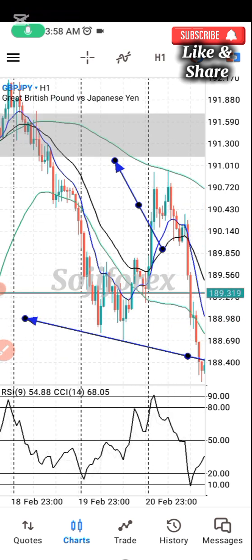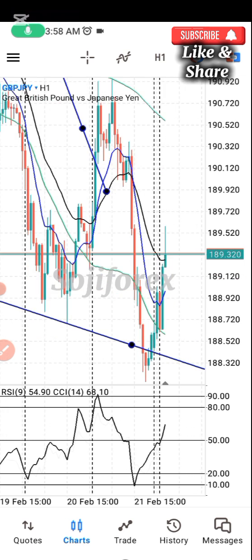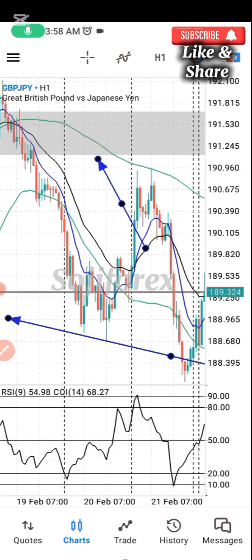Now look at what happened. I said on every second touch around the zone, second pullback around the zone is our next point of entry. Second touch, second pullback around the zone. And that's exactly what I want to show you now.